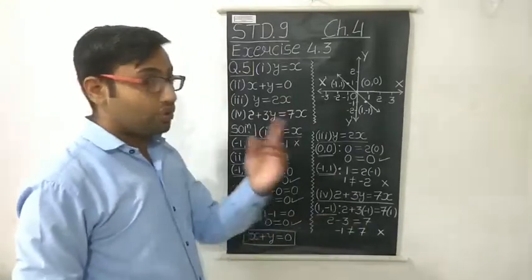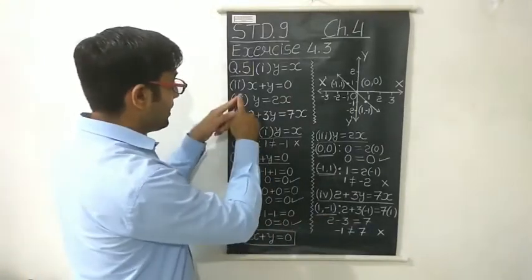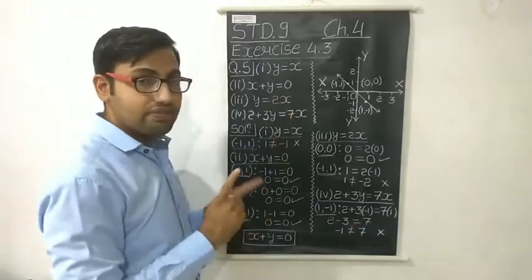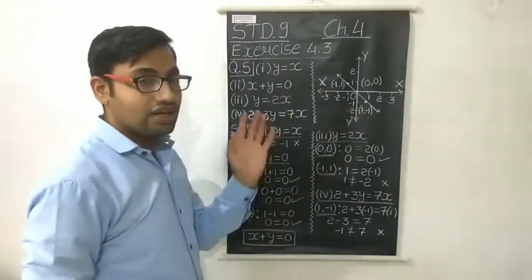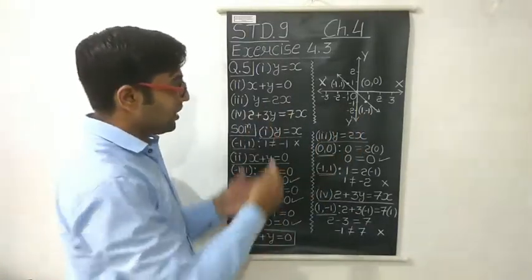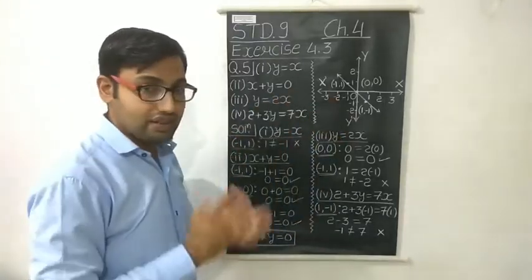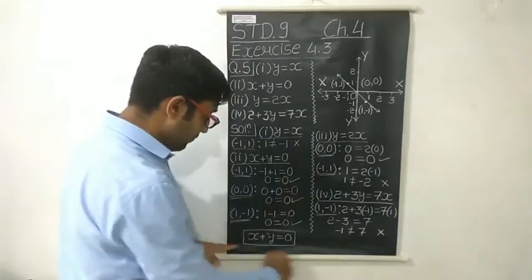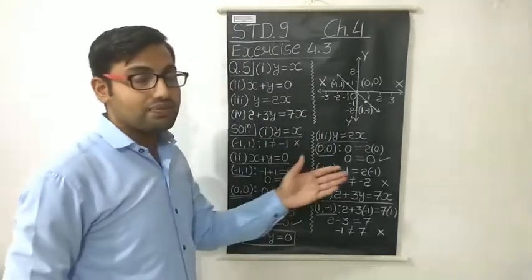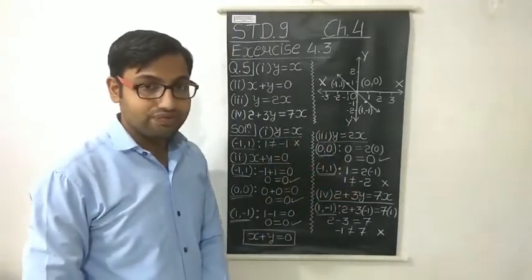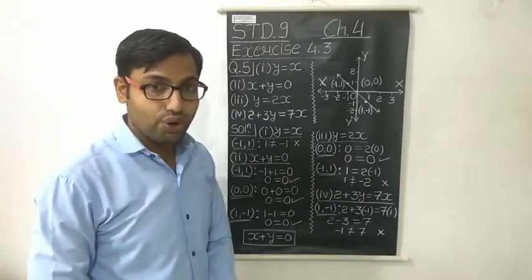equation. So only one linear equation will remain, that is x plus y is equals to 0, and all the 3 points are satisfying, or we can say that all the 3 points are the solution of this linear equation. That is why this graph is of this linear equation x plus y is equals to 0. Understand? Okay.